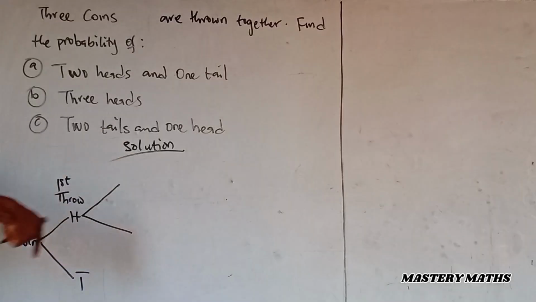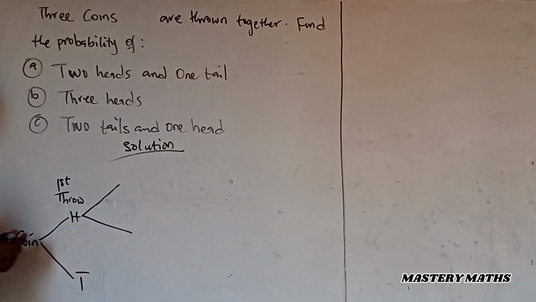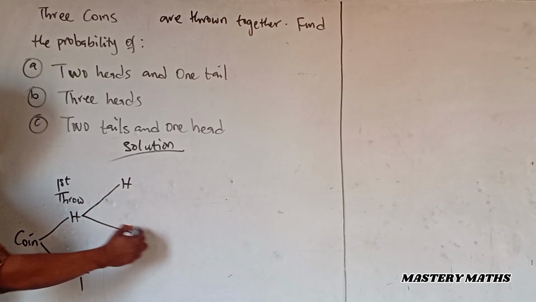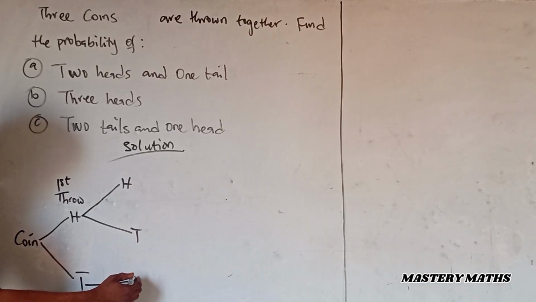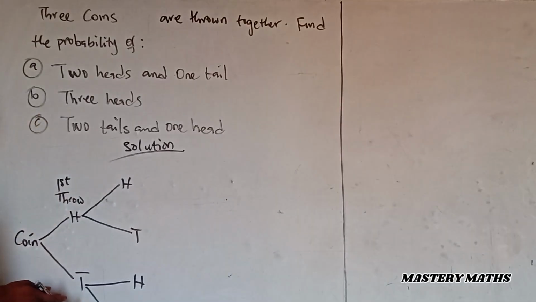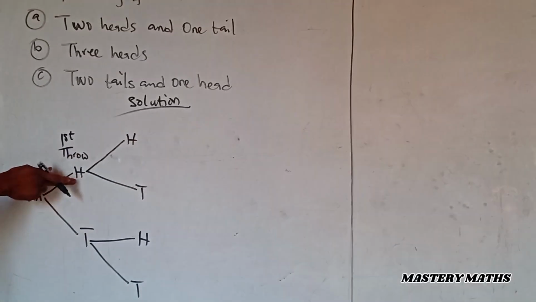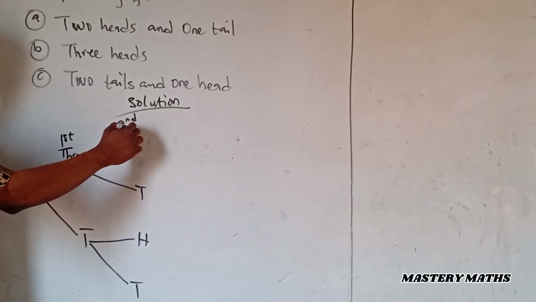Then the second row, since the first one produced a head and a tail, the tail will also produce a head and a tail. The second head and tail that the first one produced, you call the second row.